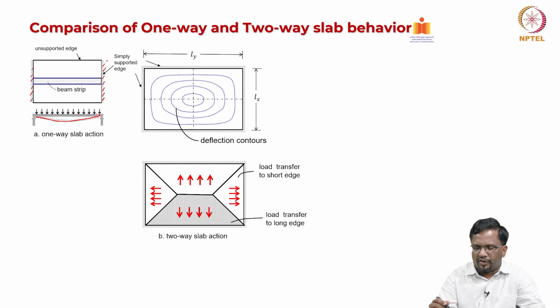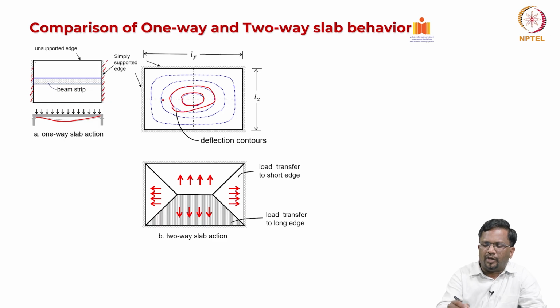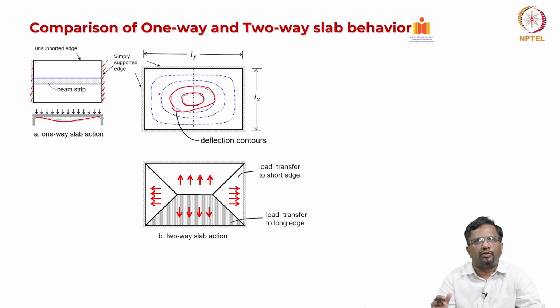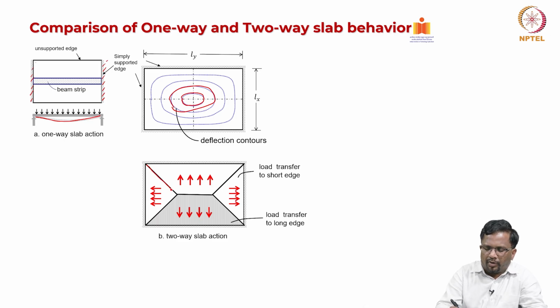For example, you see here this is a two-way slab which is supported on all four edges, which are simply supported. Then you can see that the deflection contour is going to follow like this. It is going to have high deflection here and low deflection here and so on. Close to the support, your deflections will be 0 because they are supported. Now, for the load transfer, whatever loads are applied will get transferred to this edge in this form, like this load will go to this support.